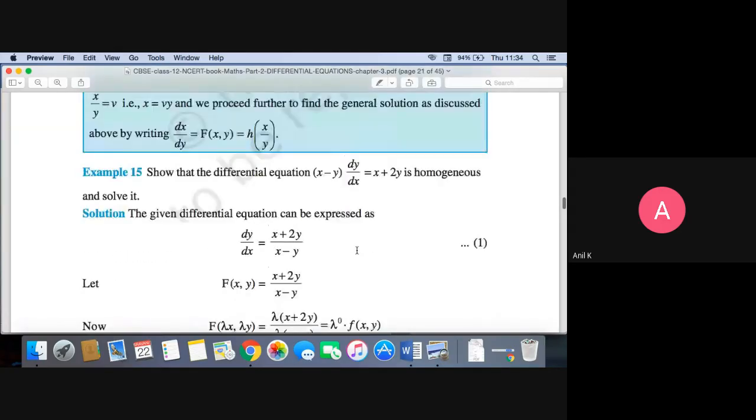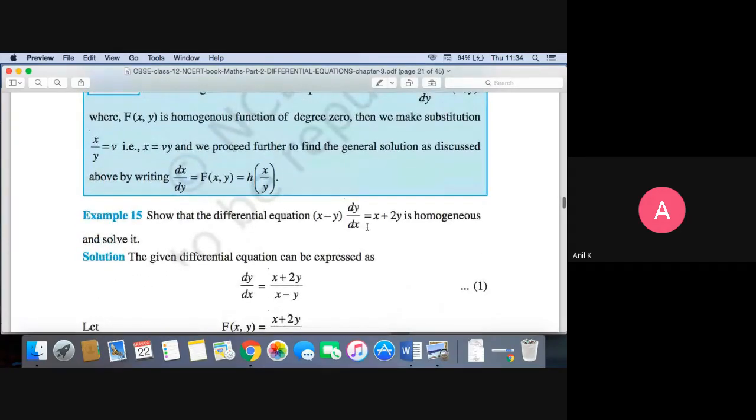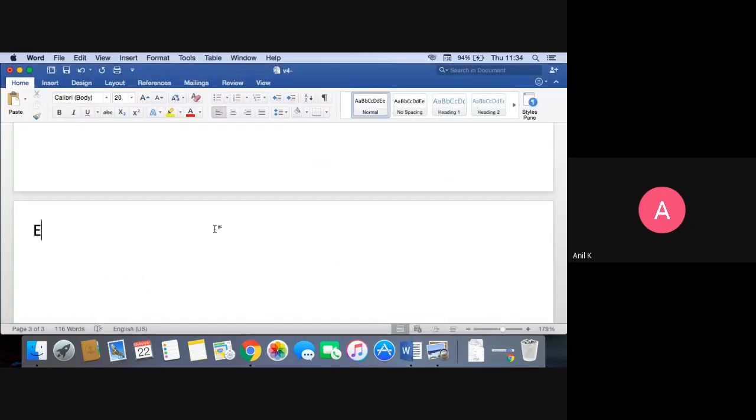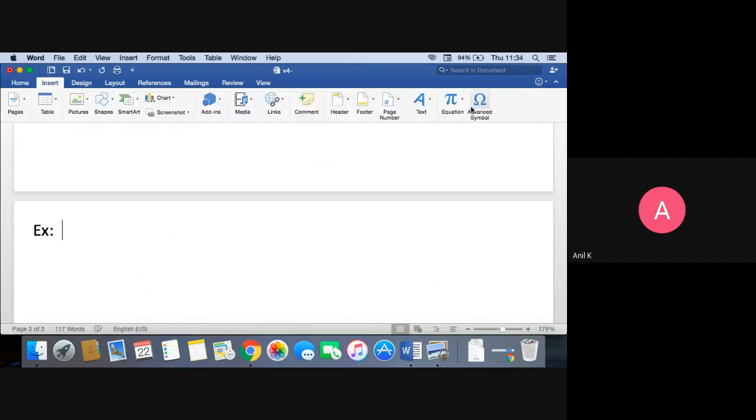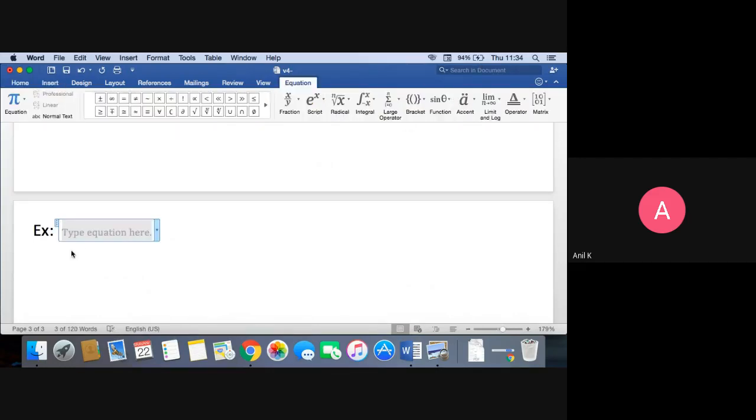Now let me take one example to show that the differential equation is homogeneous and solve it. So x minus y into dy by dx. Here is the example. These are slightly bigger questions.